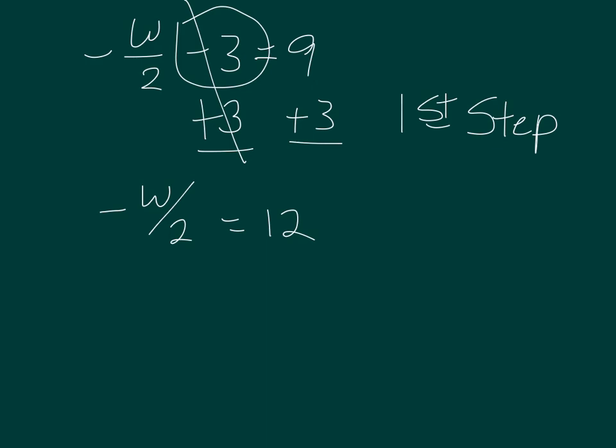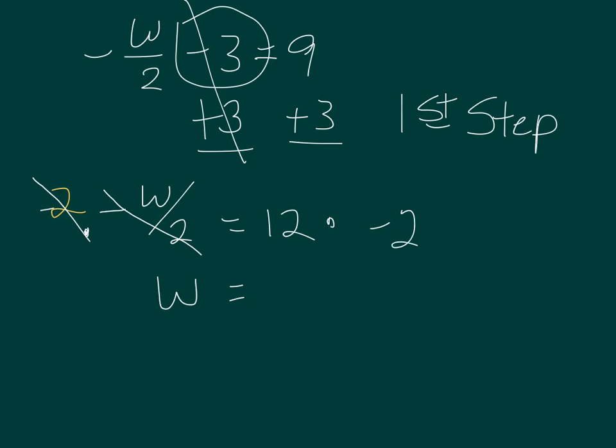We always want the variables to end up as a positive variable. So we're going to multiply this by a negative 2. So that will get rid of the negative 2 and leave us with just w. We have to multiply by a negative 2.